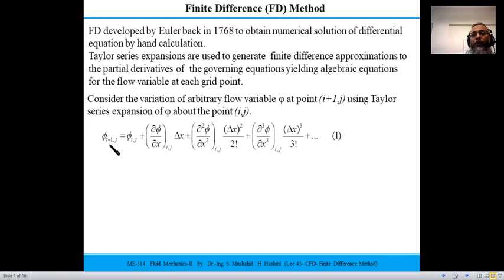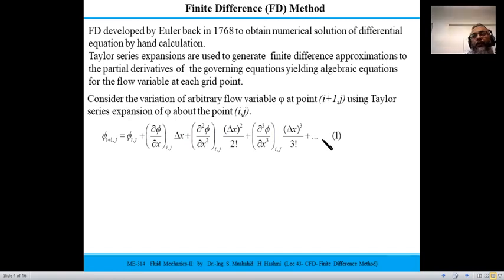Once we are interested in one step forward from i to i plus 1, we can write down the first term of the Taylor series, the second term has a first derivative, the third term has a second derivative, and the fourth term has higher order derivatives, and so on.